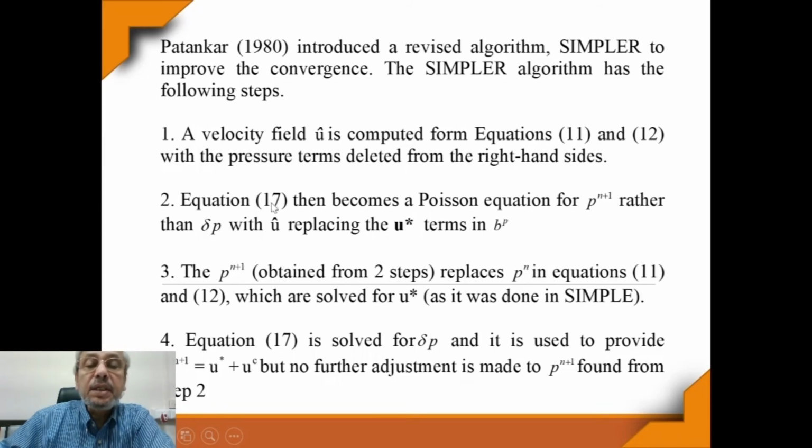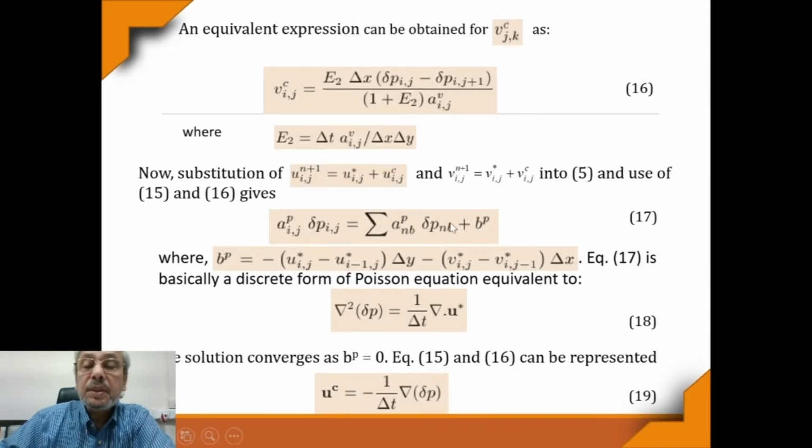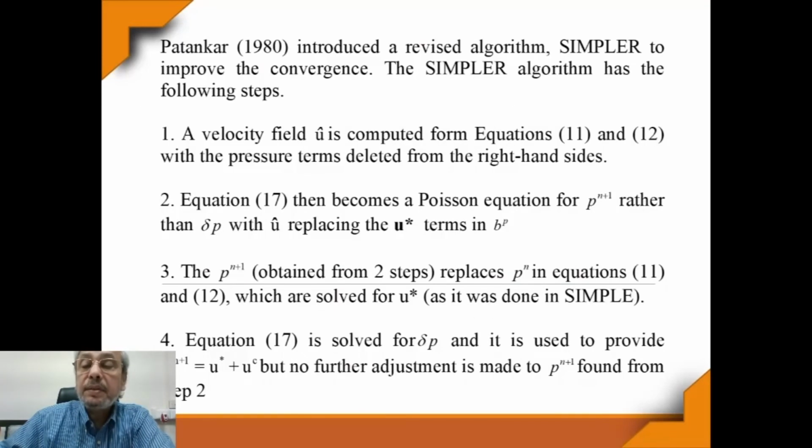Equation 17 then becomes a Poisson equation. That means equation 17 becomes a Poisson equation for pressure, not pressure correction.